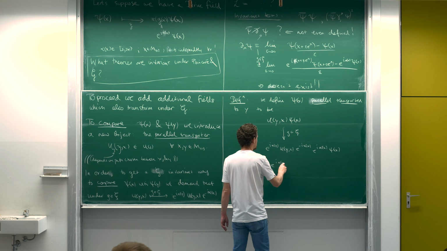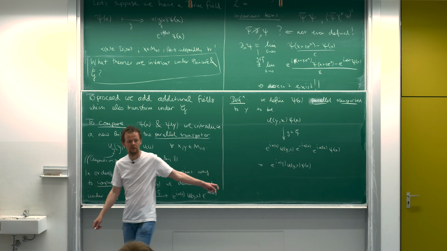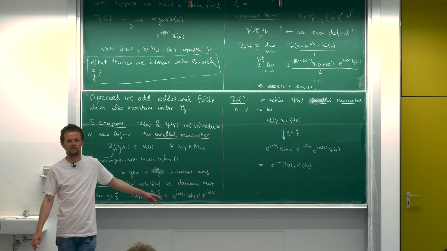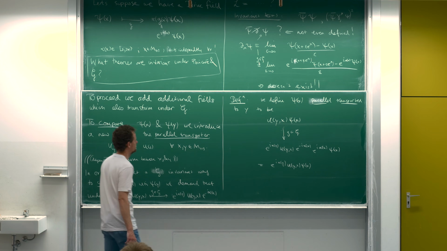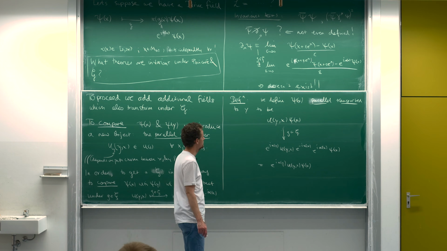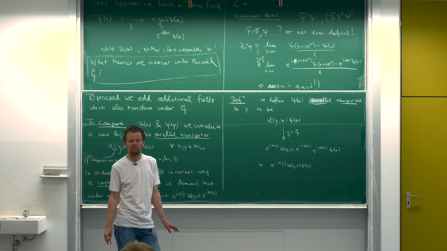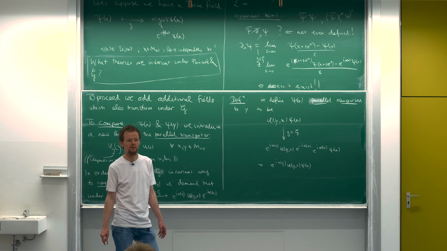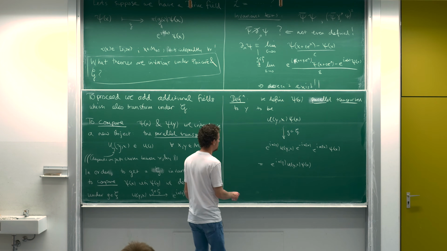So this object transforms exactly as though it was living at spacetime location y. That's pretty cool, because now we have a hope of building something that looks like a derivative. I'll say what that is in a moment, but firstly there should be a question.